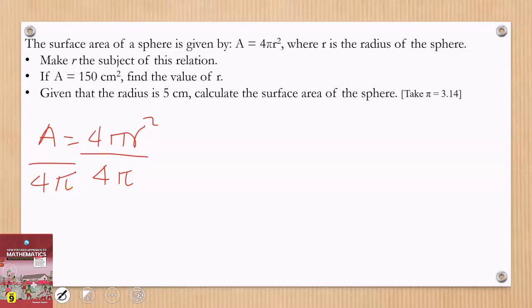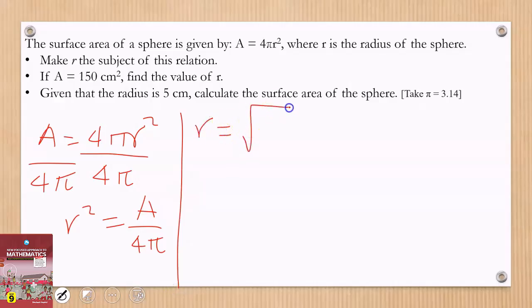So when that is cancelled, we have r squared is equal to A over 4 pi. And to make r the subject, we take the square root. So r is the square root of A over 4 pi.